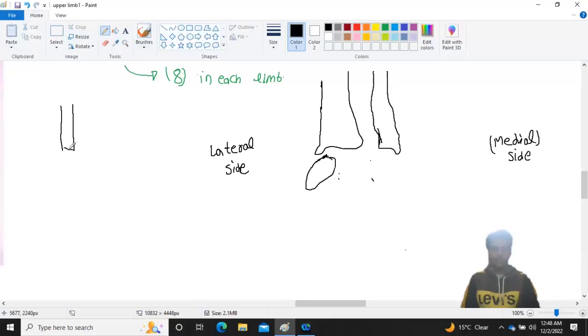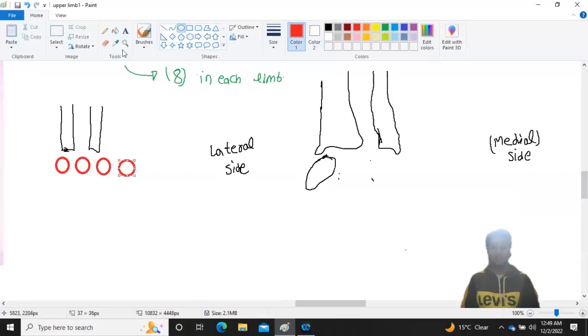सबसे पहले दिस रेडियस बोन, पहले हम नॉर्मली इमेजिनरी डायग्राम ड्रॉ करें, एंड दिस इज अल्ना बोन। तो हमारे पास कितनी बोन्स होंगी? चार होंगी, चार चार के पेयर में। सबसे पहले हमारे पास 1, 2, 3 and 4.